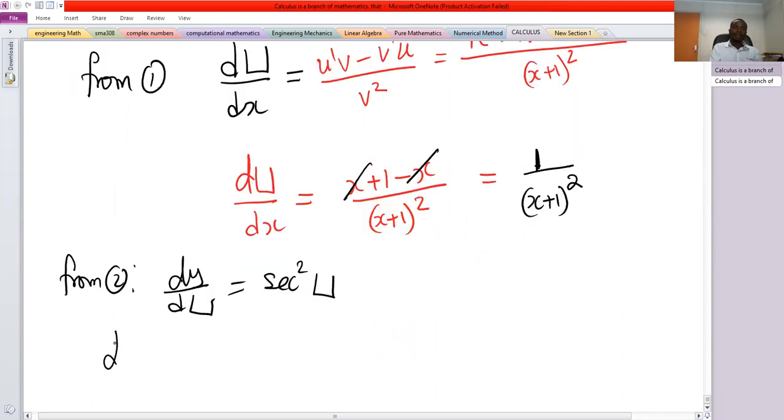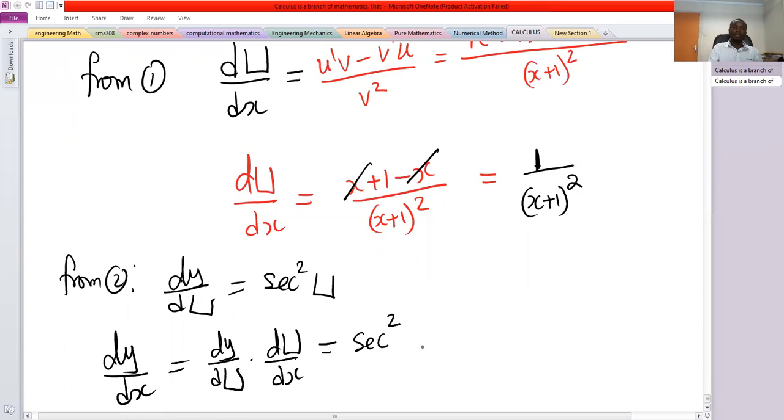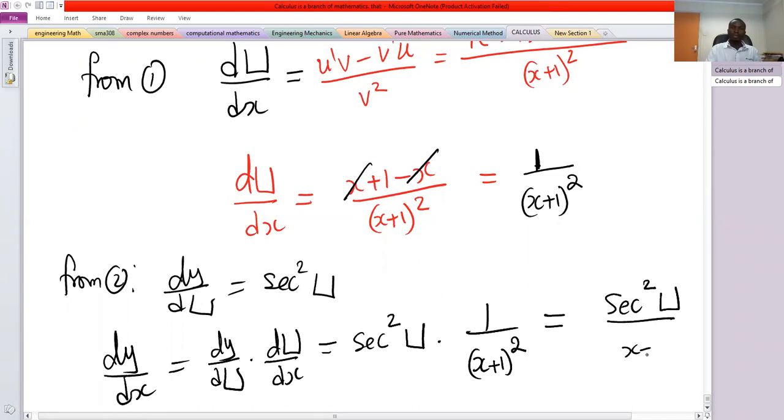Then dy dx is dy dU times dU dx, which will be sec squared capital U times 1 over x plus 1 squared, which is the same thing as saying sec squared capital U over x plus 1 squared.